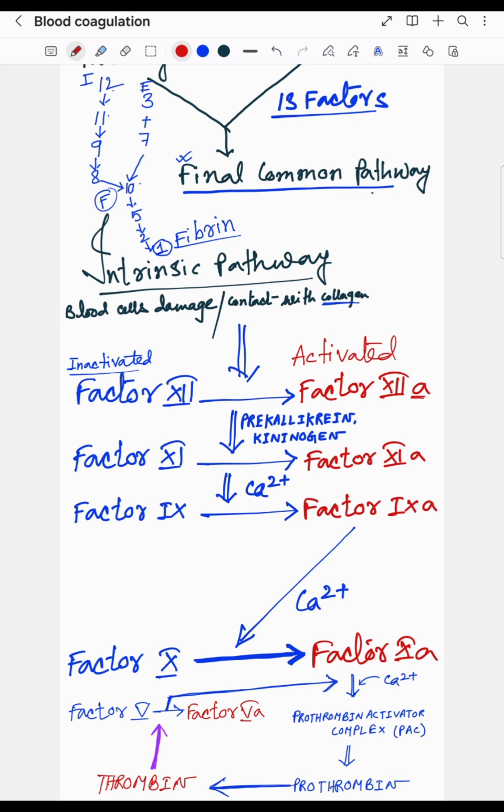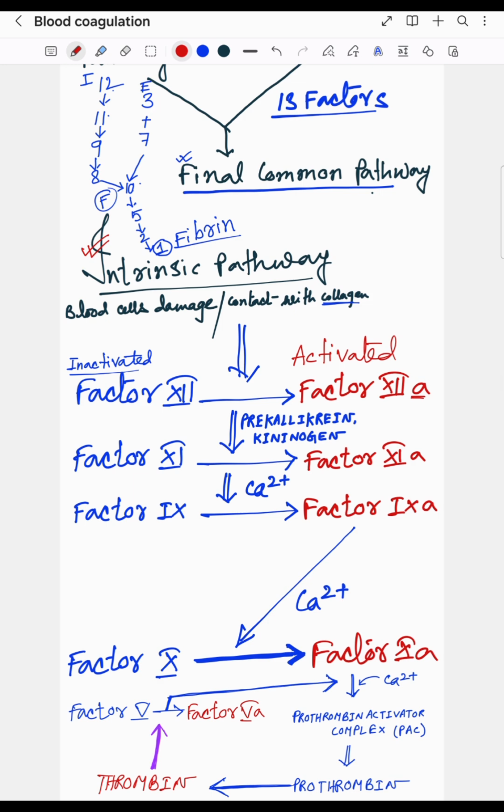So activation of factor 12A occurs whenever there is damage in the blood vessel or the blood comes in contact with collagen. That is why it is known as the intrinsic pathway, because it occurs within the blood vessel.